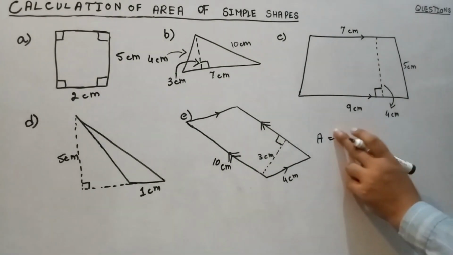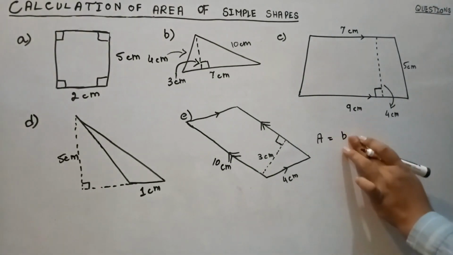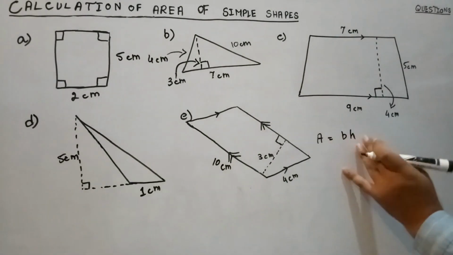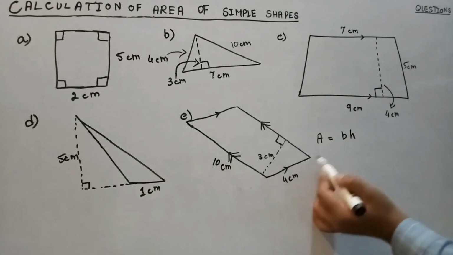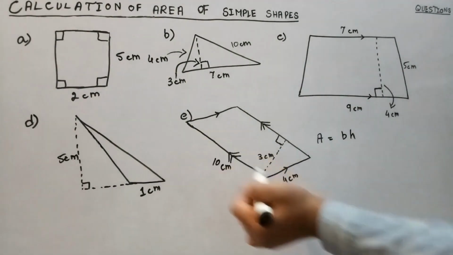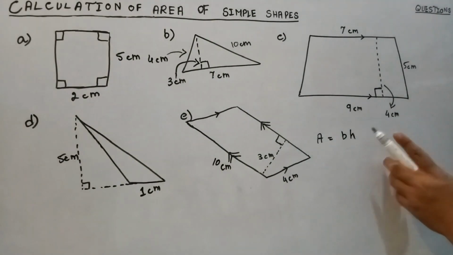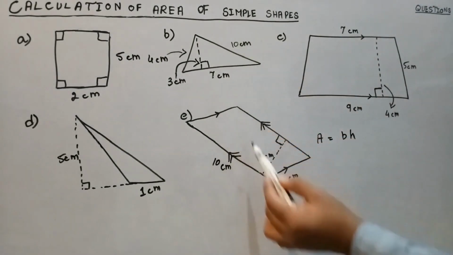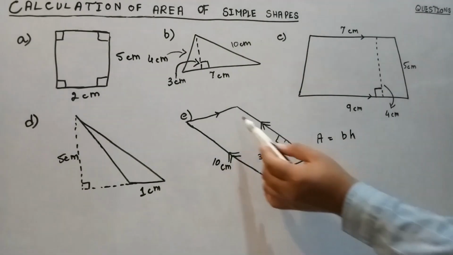So the formula will be the same. It means that here area is equal to base multiplied by height. Now what is the base here? You can consider any one here as a base. But we need height, which means we need a perpendicular distance if we are considering this one as a base.